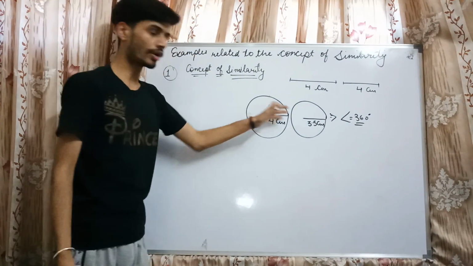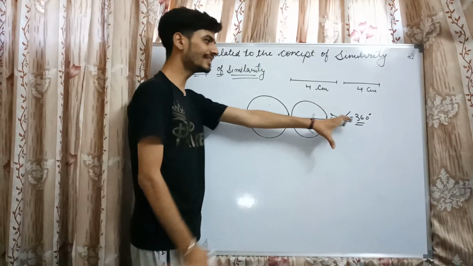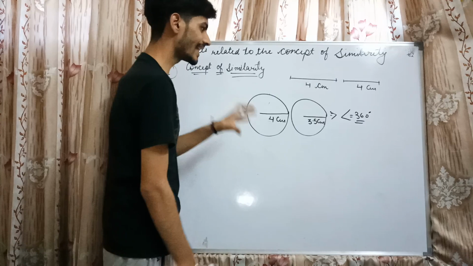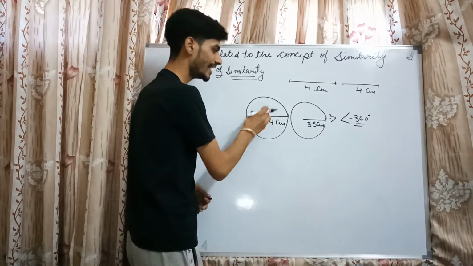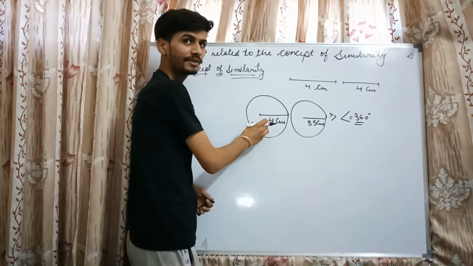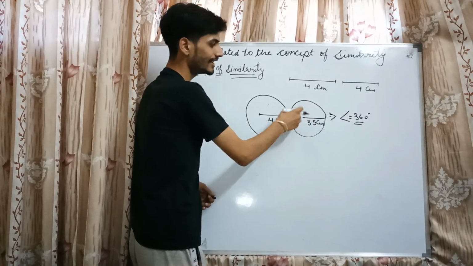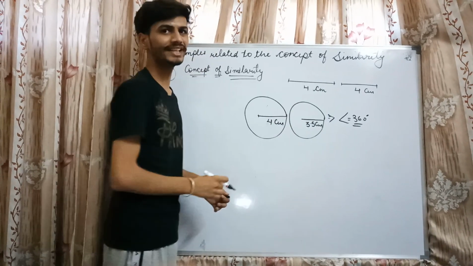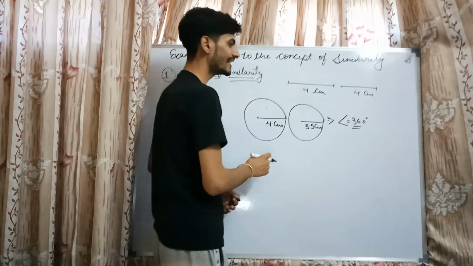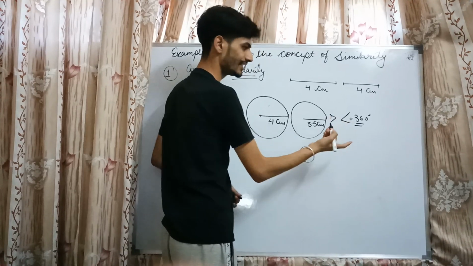Both the circles cover the angle of 360 degree. But the second condition is the radii of the circles are not the same. Radius for the first circle is 4 centimeter and for the second circle it's 3.5 centimeter. So both radii are different from each other. So there is no congruency.